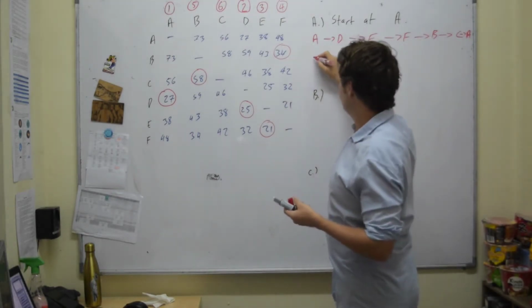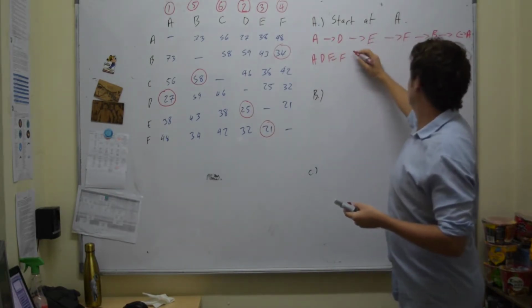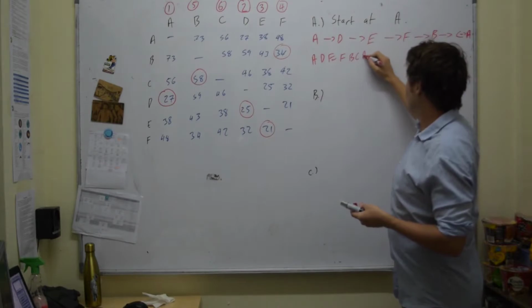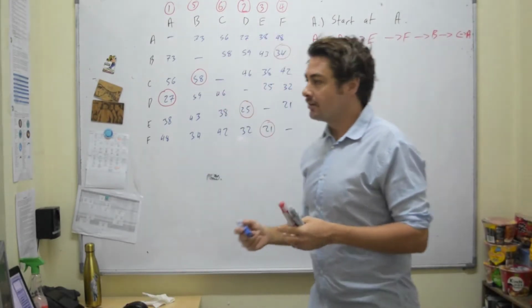So my journey, I'm going to write here, is A to D to E to F to B to C and back to A. I need to then state what is the length.